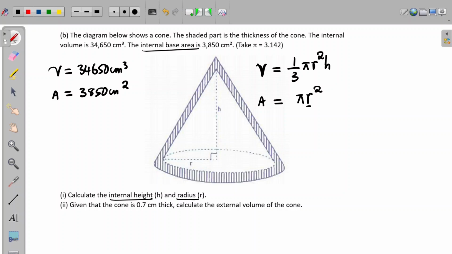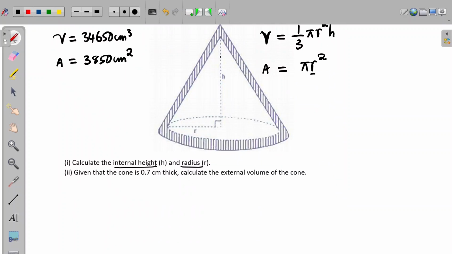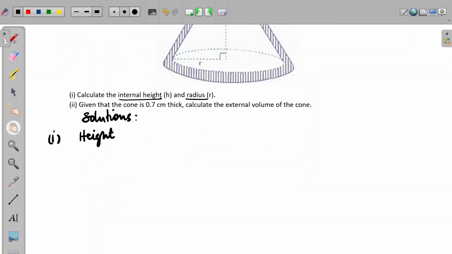Okay, so what are we going to do now? We will find height first. So solutions: to find height, we will use volume.